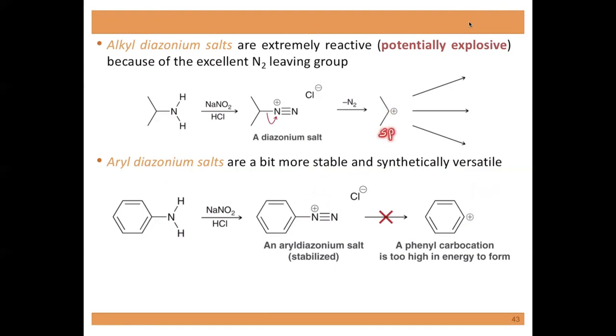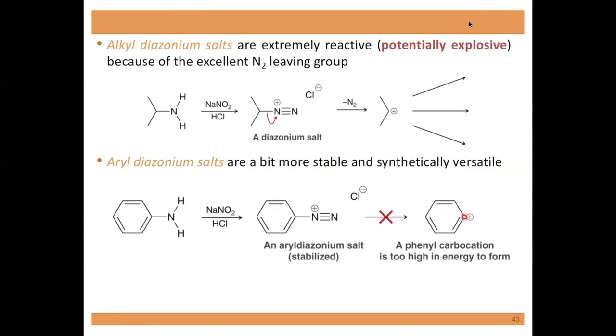So if this is an sp2 carbocation, it has 33% S character. And if this here is an sp carbocation, it has 50% S character. And remember, S character is good for helping us hold negatives, but it's bad if we have lots of positives.